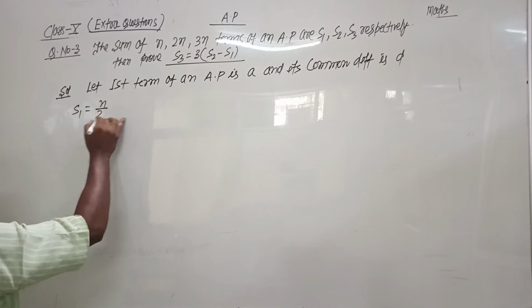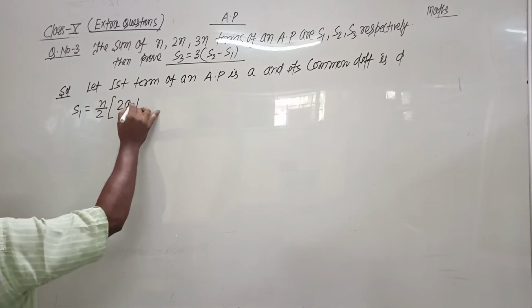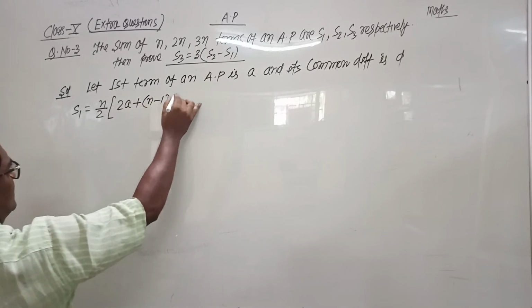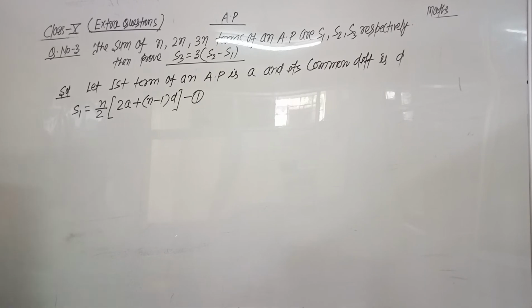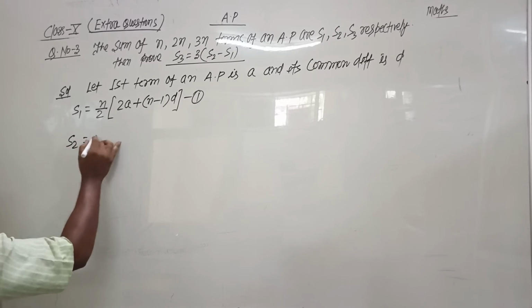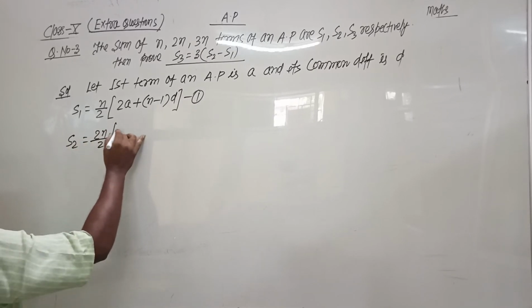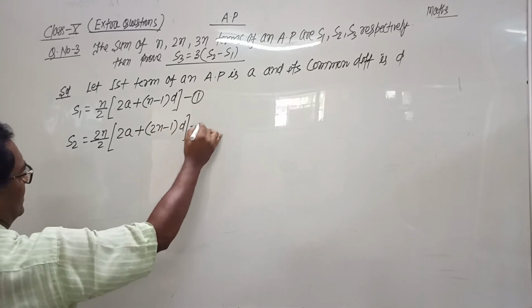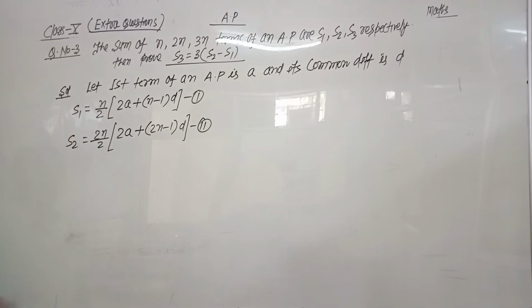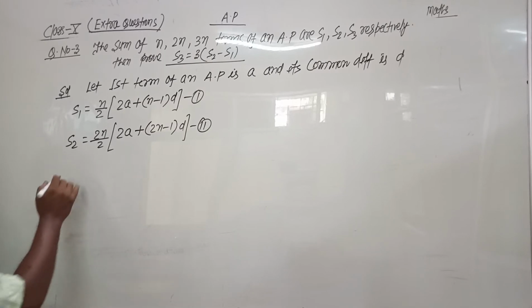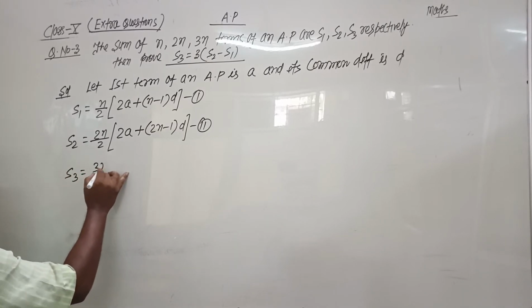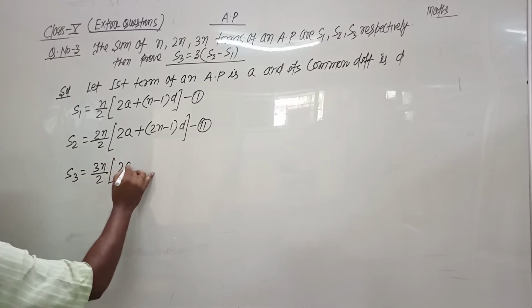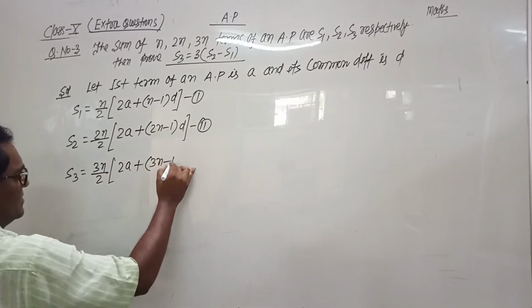So S1 equals n by 2, 2a plus n minus 1 into b. S2 is the sum of 2n terms. So S2 equals 2n by 2 and 2a plus 2n minus 1 into b. This is the second number equation. And S3 is the sum of 3n terms. So S3 equals 3n by 2, 2a plus 3n minus 1 into b.